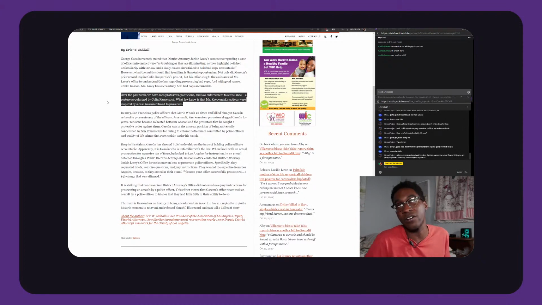Because as I iterated earlier, it is difficult to find information on local ballot initiatives the more you dig, because there's just less information locally. But if you have any questions, drop them in the chat and I'll try to answer them, even if they're specific to your local area and it's not in LA. I wanted to do this for example, because the Jackie Lacey race in LA is very highly talked about and politicized here.